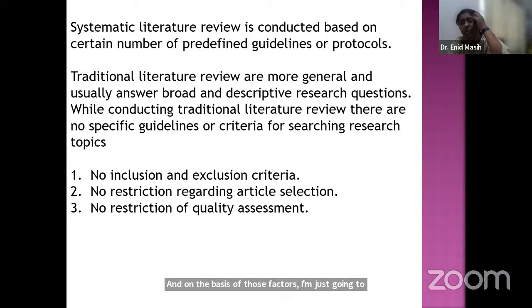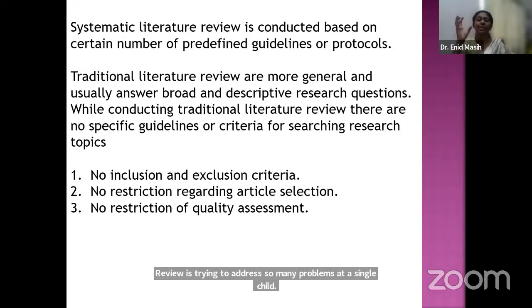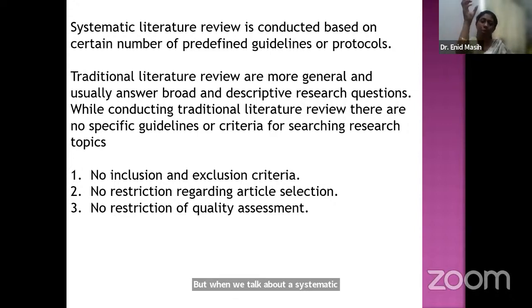The traditional literature review is trying to address so many problems at a single time. But a systematic literature review is more focused. A systematic literature review is more precise. A systematic literature review is more result oriented.